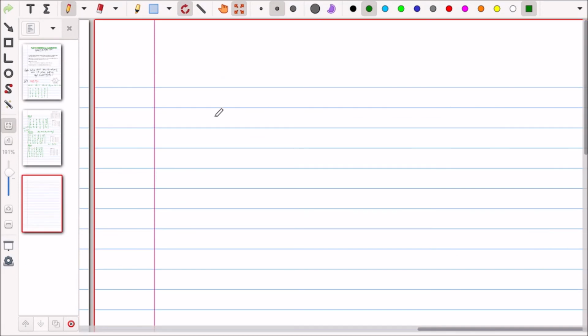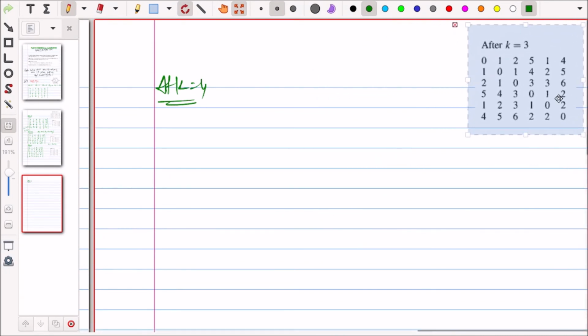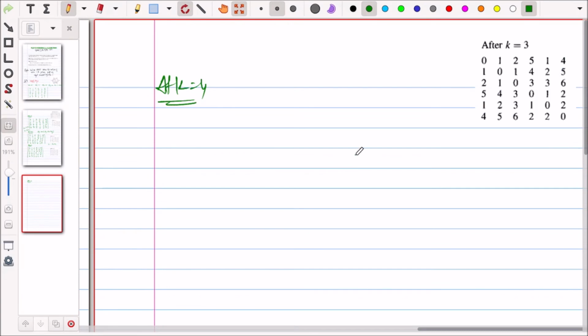Now we want to calculate k equal to 4. At k equal to 4, so let me just give you the table here so that we can match. So k equal to 4 में क्या होगा? हम फोर्थ कॉलम को इस फोर्थ रो से ऐड करेंगे, राइट?